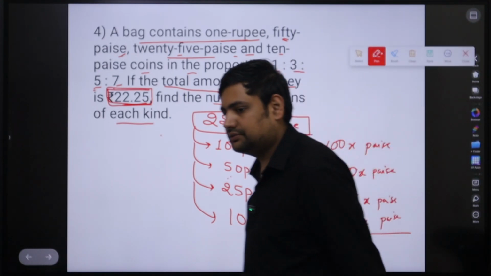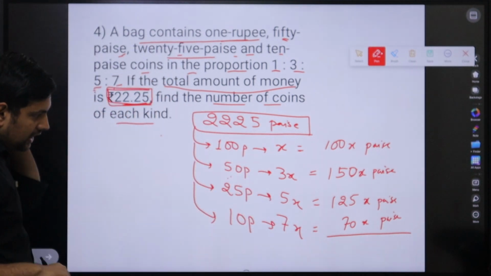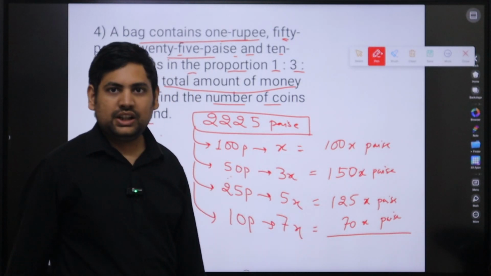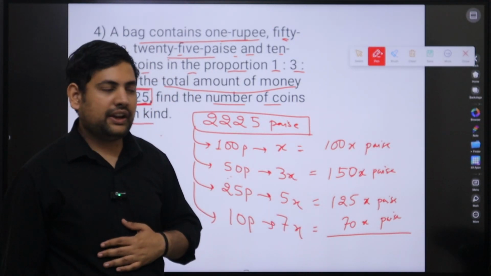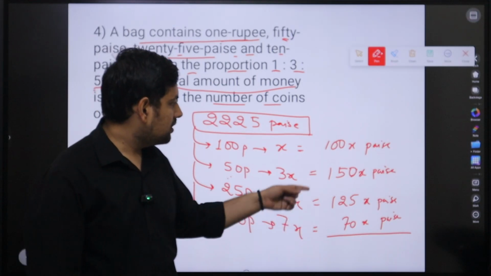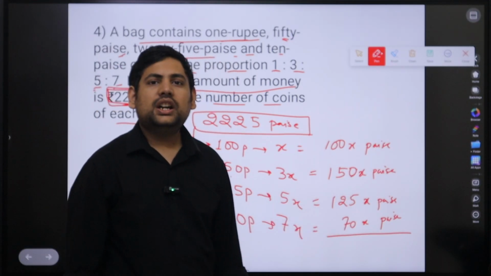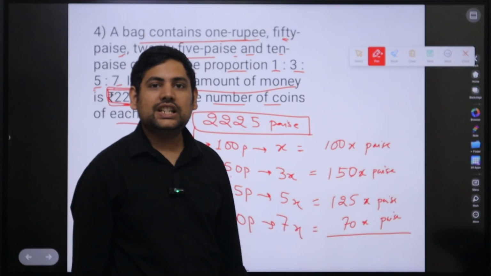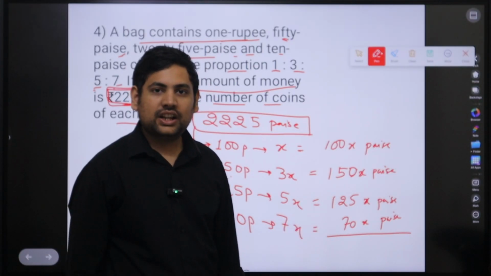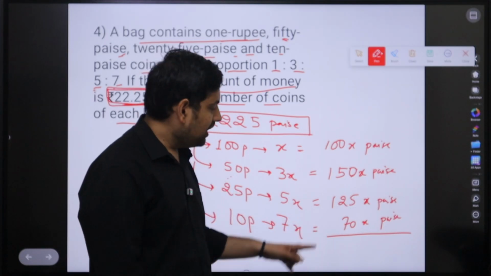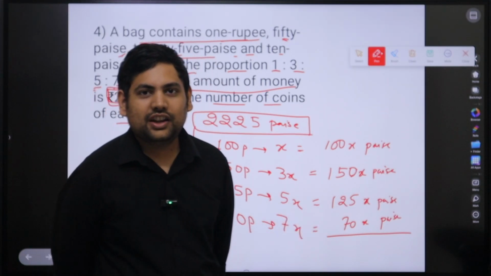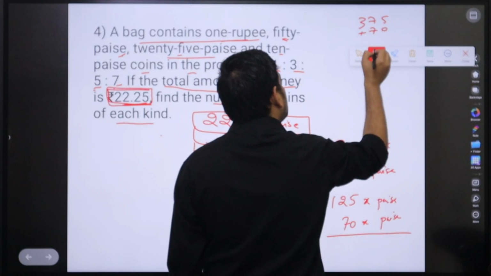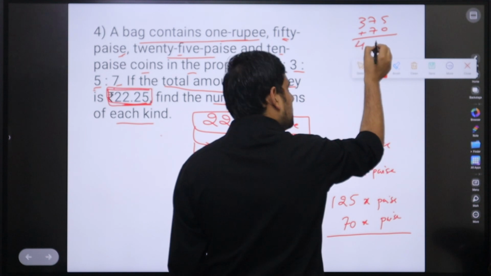Now see, once you get all of them, total money is what? 2225. So the sum of all these must be equal to 2225. So let's add all of them. So this becomes 100 plus 150, that is 250. 250 plus 125 is 375. 375 plus 70 will be equal to 445.